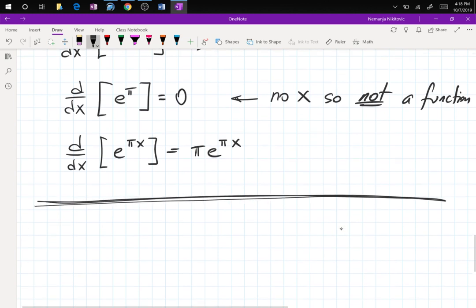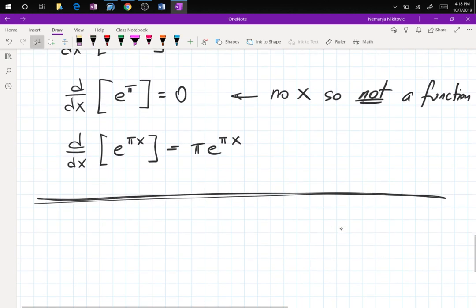What else is left? The derivative of ln of x is 1/x.